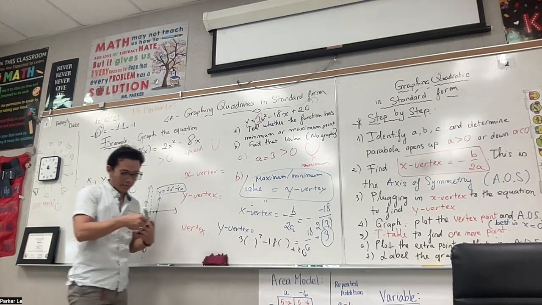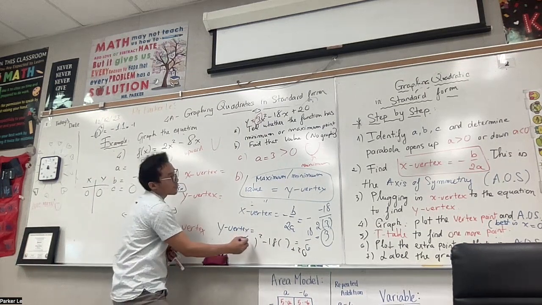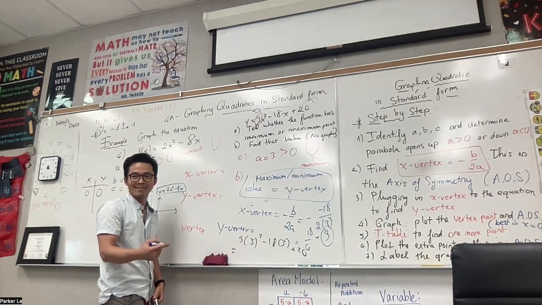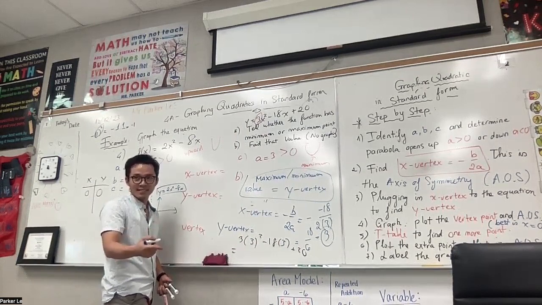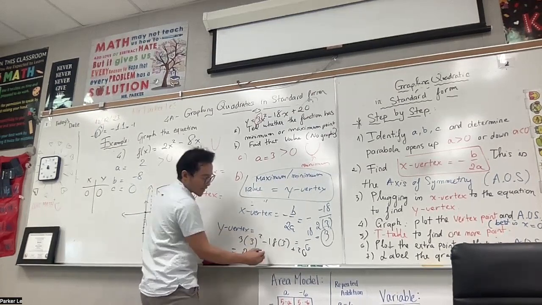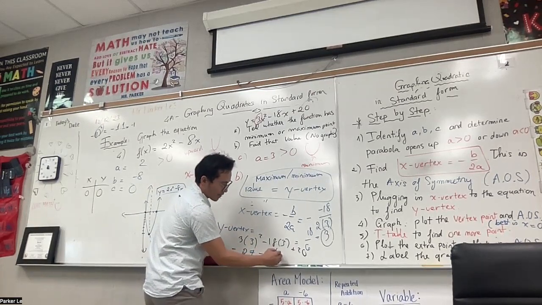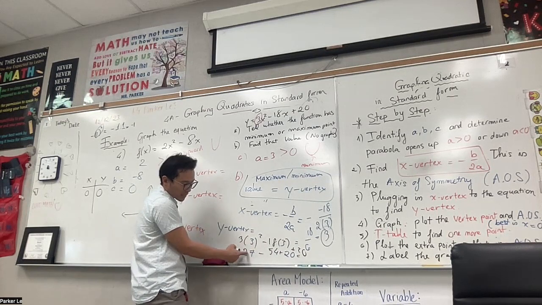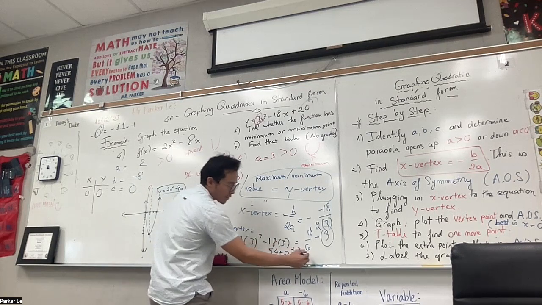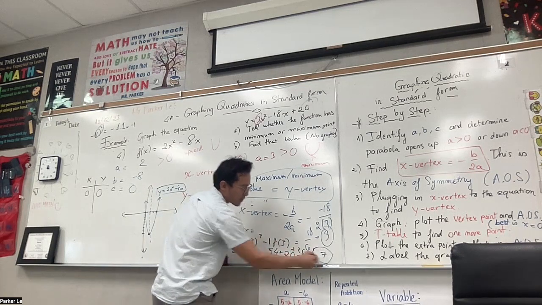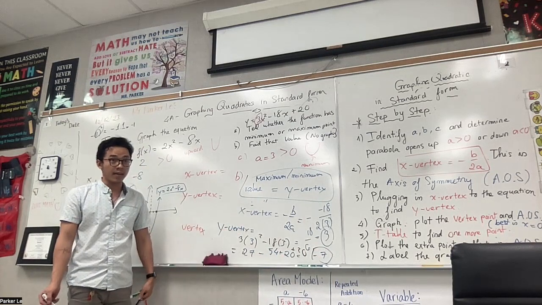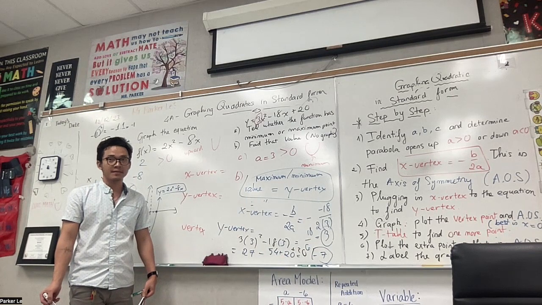What is 3 squared? 9. 9 times 3 is 27. 18 times 3 is 54. So 27 minus 54 plus 7. That is your answer. Yes, yes. Are we good?